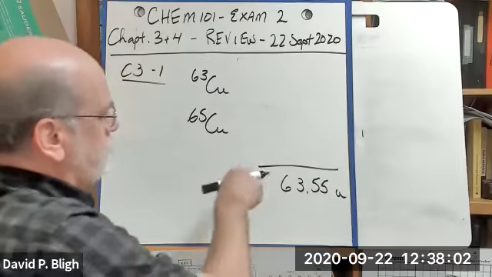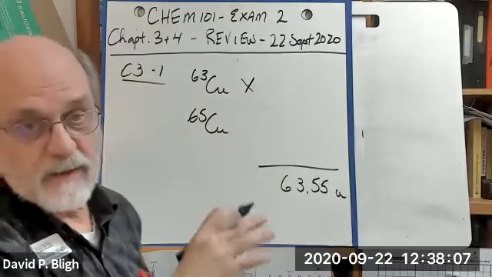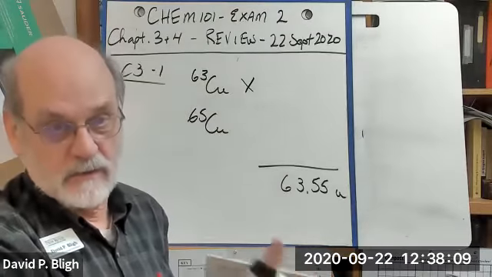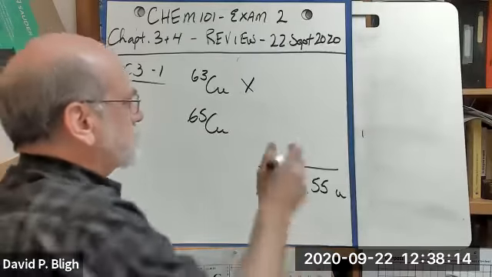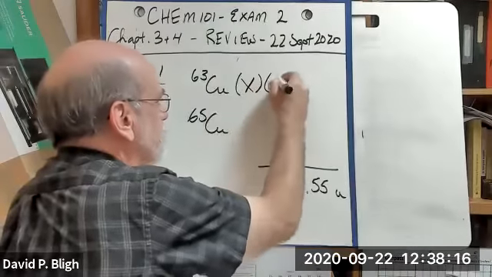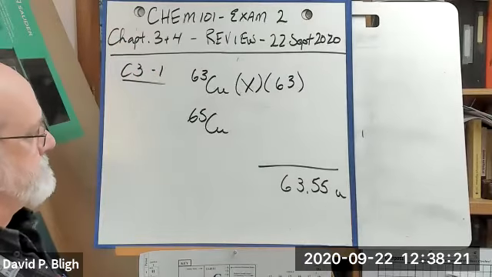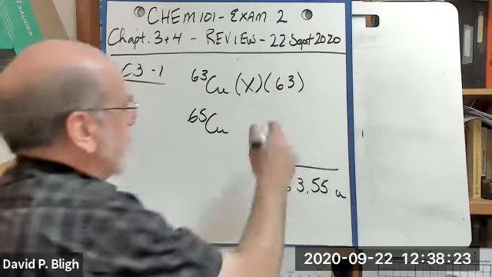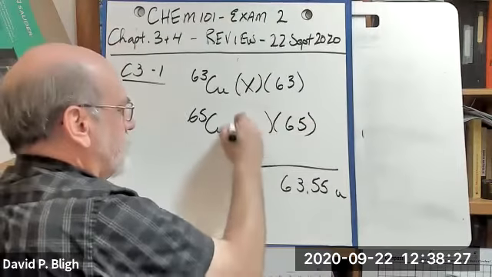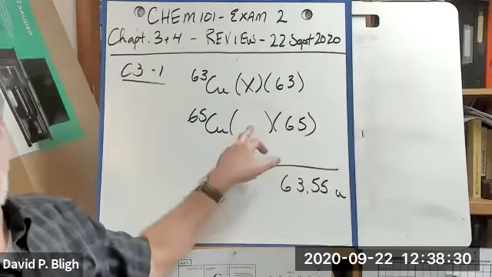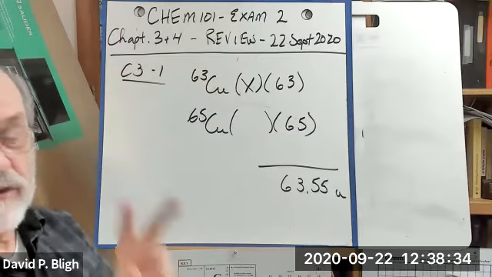So if we say the naturally occurring abundance of this is some x, and I'm going to use x as the decimal value, not the percent, we multiply that times 63. Then this one would be multiplied by 65. But what is its natural abundance? Well, we only have 2 isotopes.